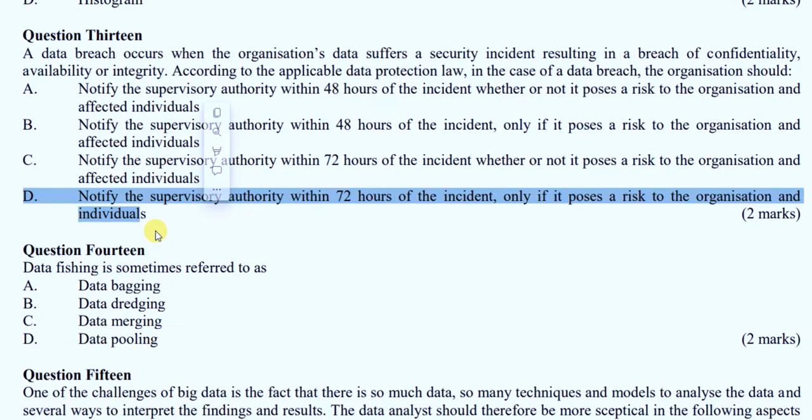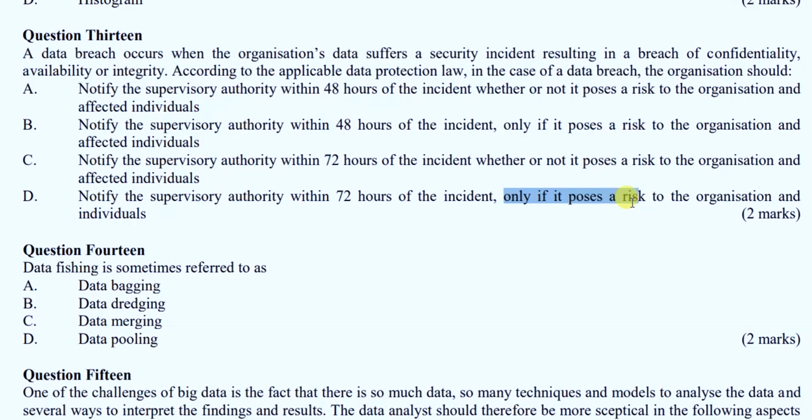The key words there are: unless the personal data breach is unlikely to result in risk. Unless, I repeat, the personal data breach is unlikely. That means only if it poses a risk.